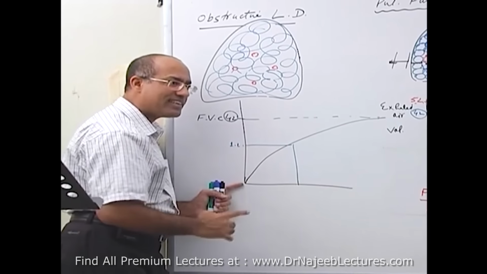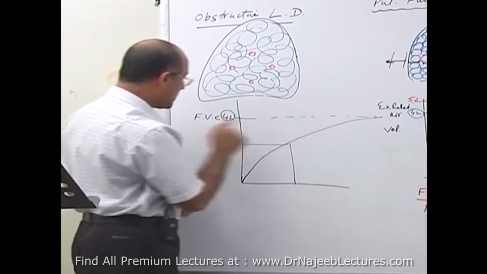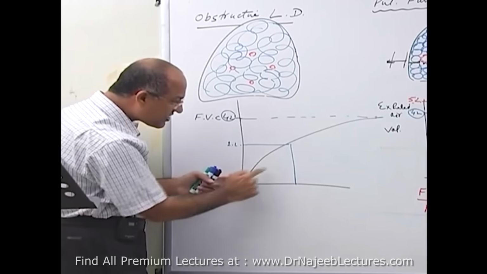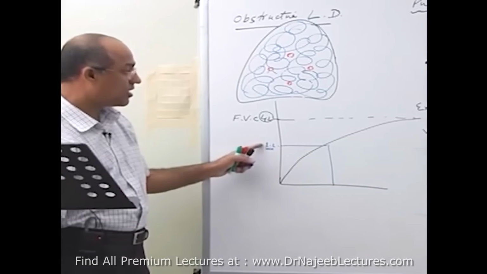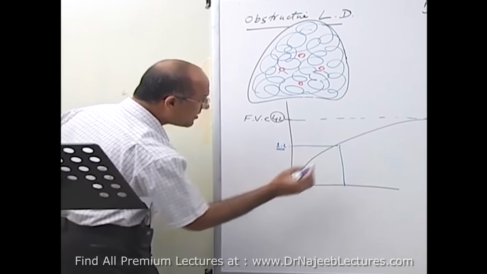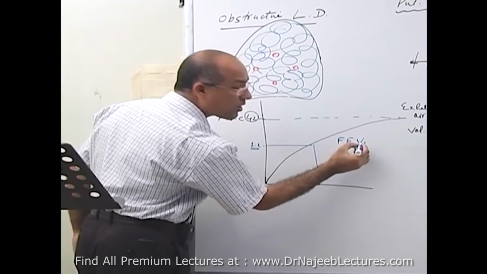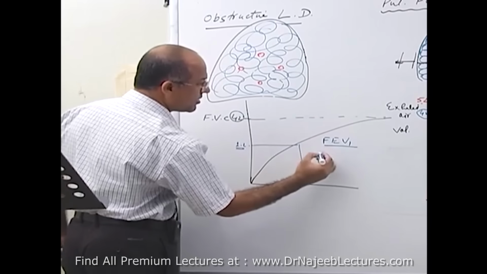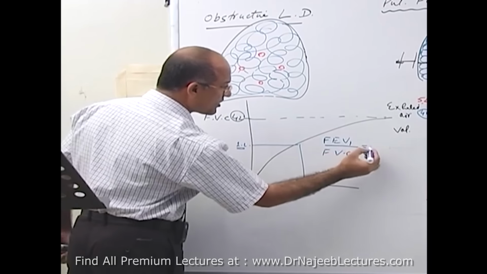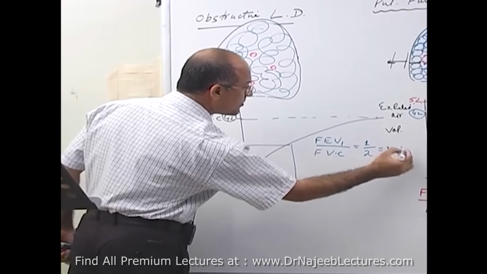And how can we authentically talk about it? We look at the total vital capacity which came out, that is 4 liter, and during the first second, how much came out? Yes? 1 liter. And if we measure here FEV1, forced expiratory volume during the first second, divided by the forced vital capacity, it is equal to 1 liter divided by 2, which is equal to 50%.